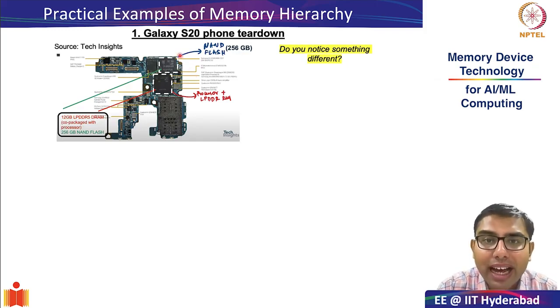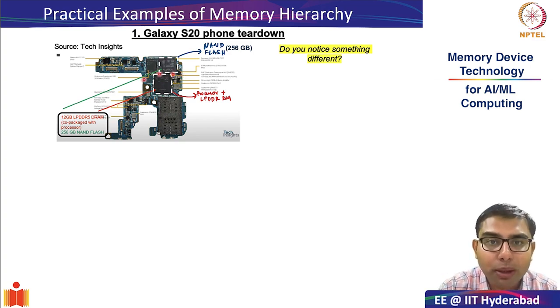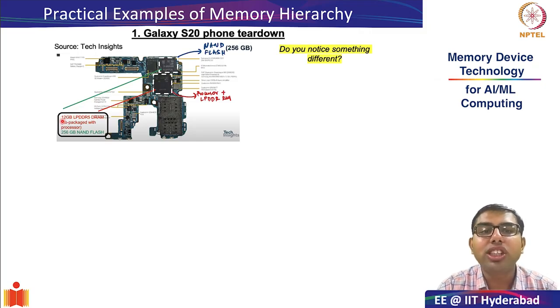So, for your benefit, I have marked out two of the chips. The first chip, which I am now indicating with my laser pointer, is a 12 GB LPDDR5 DRAM, which is co-packaged with the processor. What is this chip? It consists of your CPU or your logic element, co-packaged with DRAM.